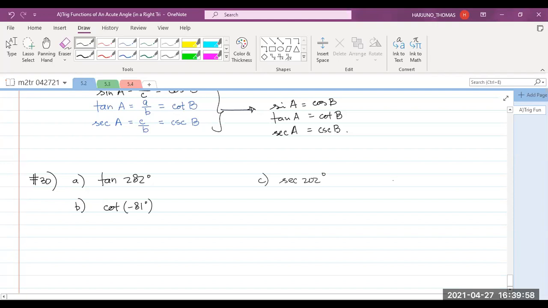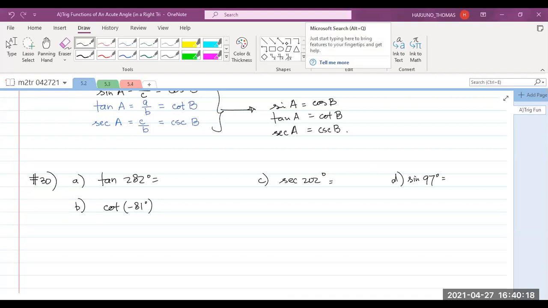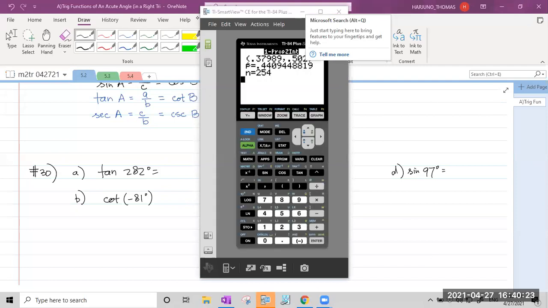And part D. What is sine 97 degrees? Now grab your calculator. We'll do the work here. Oh, where's my calculator? We'll use the calculator now.